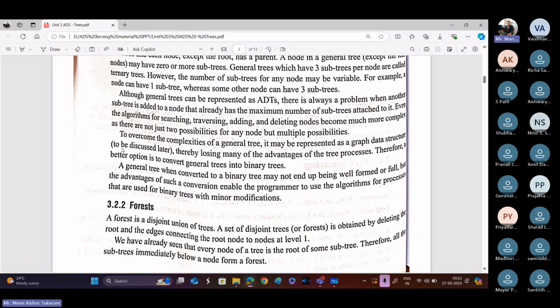Whenever we divide that tree, it divides into subtrees. A general tree which has 3 subtrees per node is called a ternary tree.